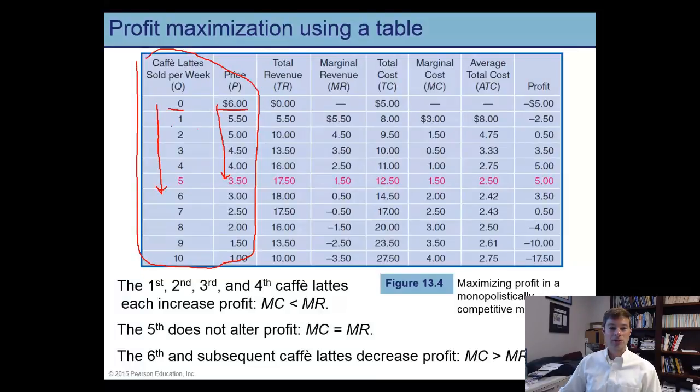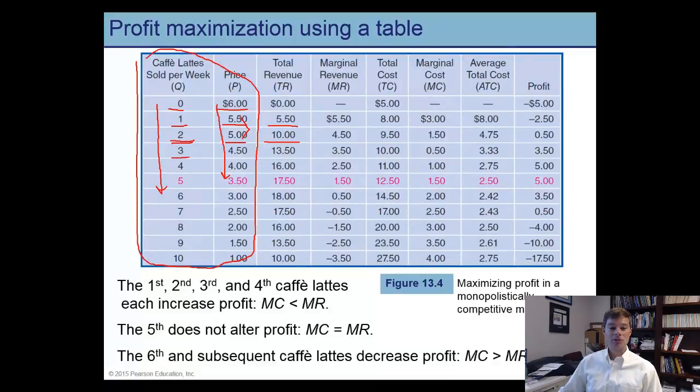For example, if we're selling 1 unit of output at a price of $5.50, then total revenue is $5.50. To sell a second unit of output, we have to lower the price to $5 to get consumers to demand that second unit, and this will generate total revenue of $10. That's from $5 multiplied by 2 units of output.